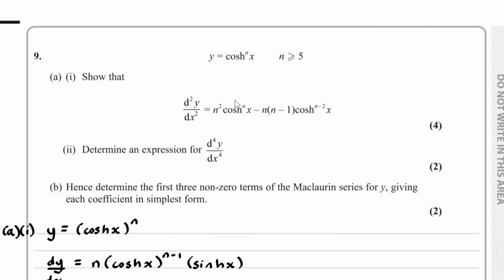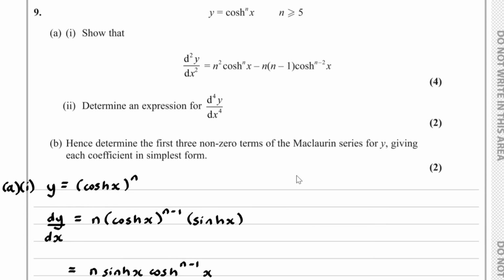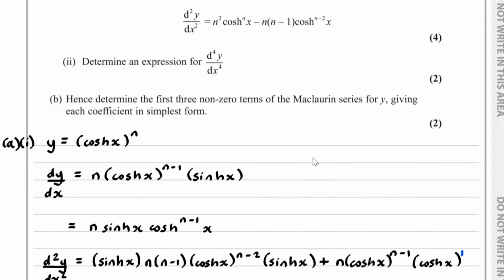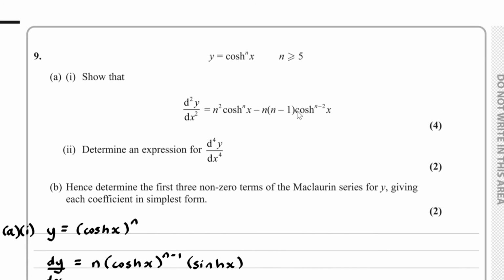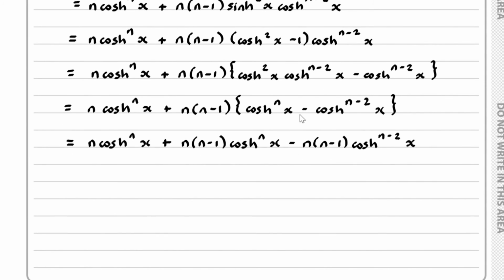Now we need to simplify this a little further. Notice how I've just got an n squared cosh n x, so somehow I need to get that result from here, and I still have the minus n times n minus 1 times cosh n minus 2 x. That's over here. So this bit stays the same, but this bit here we need to simplify even further.